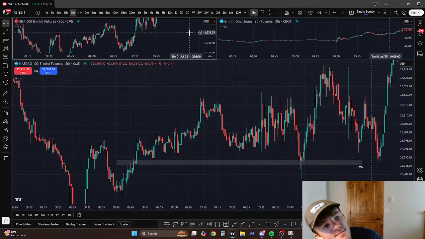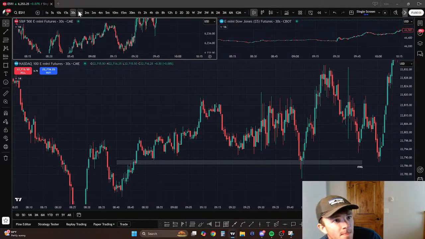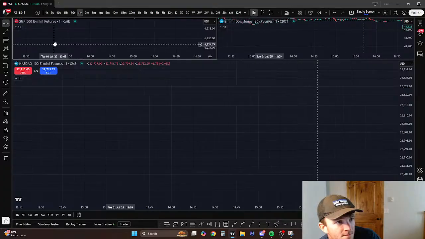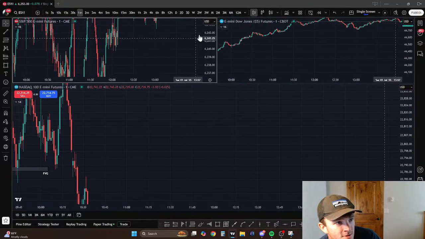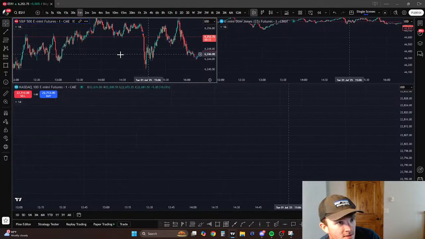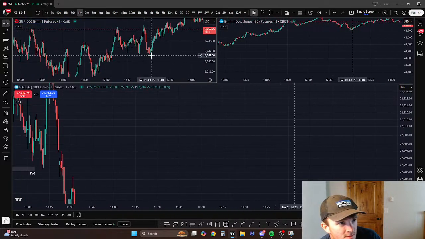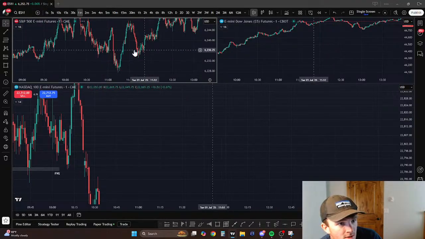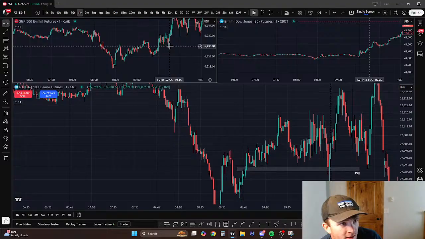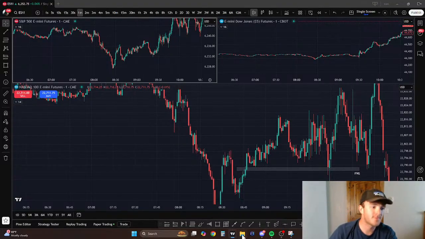Yeah, that makes sense. We swept out the low. Broke structure. Then 1 minute gap. That makes so much more sense. Yeah, looks like this was on S&P. Sweep, break, fair value gap. That was nice.